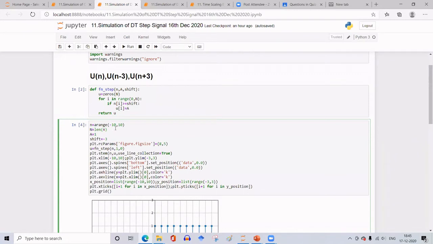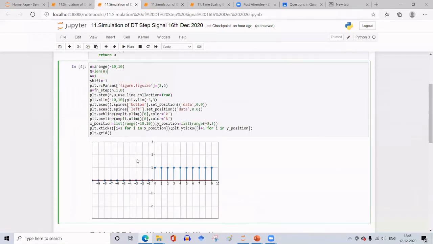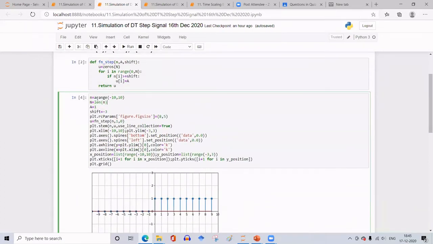Okay. So even if you take t also, no problem, but when you mark the x and y axis tick marks, you must be careful. So instead, I am taking n as the x-axis variable, arange minus 10 to 10.